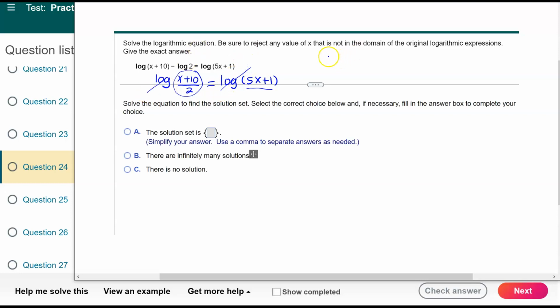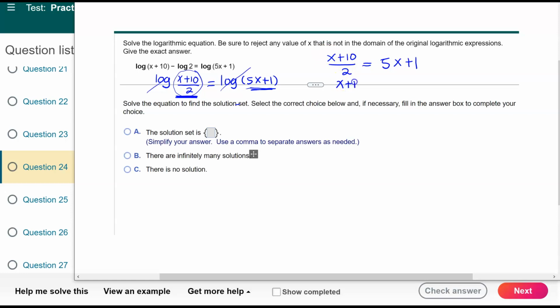So this means you have x plus 10 over 2 is equal to 5x plus 1. Again, that is possible because you see logarithm on both sides. So you're just going to equate the expression here to the expression here, and then you solve for that equation. So you multiply both sides by 2.